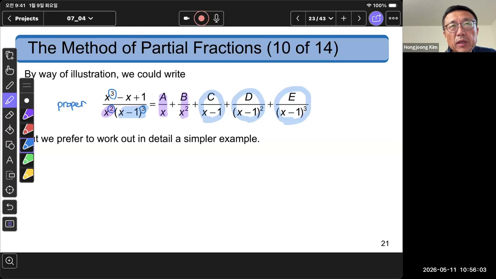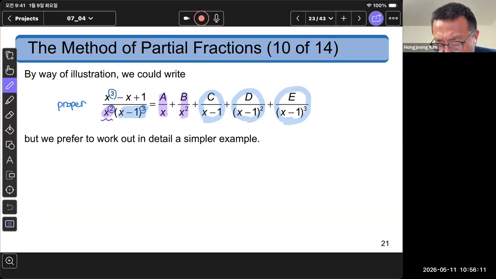You multiply the denominator on both sides. So if I multiply this x squared times x minus 1 cubed on the left hand side, I have x cubed minus x plus 1.